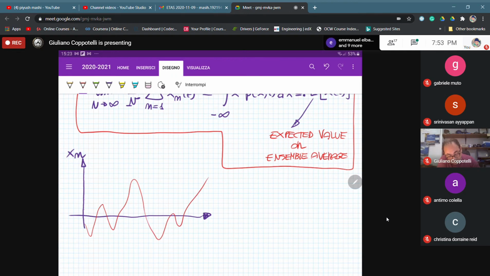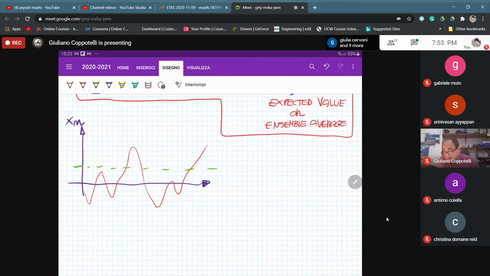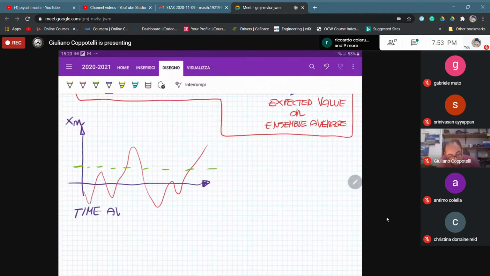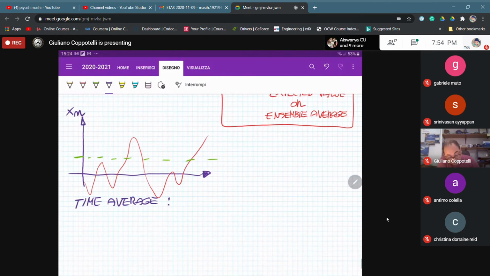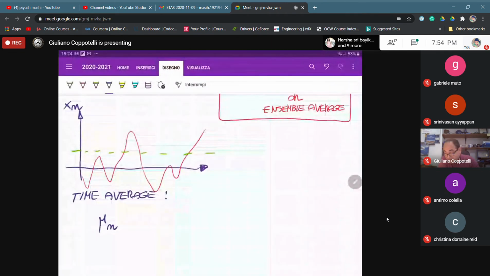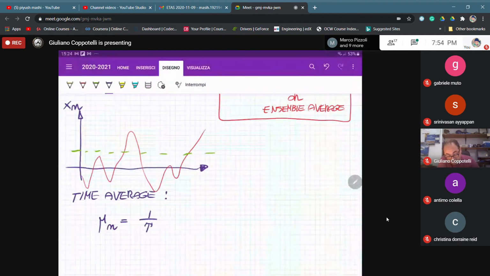Well, instead of going in the vertical line, let's go in this horizontal line if you want. So let's evaluate the time average of the same physical quantity, that is your time average associated to the nth experiment, that is equal to 1 over capital T. I'm going to define that in a second.